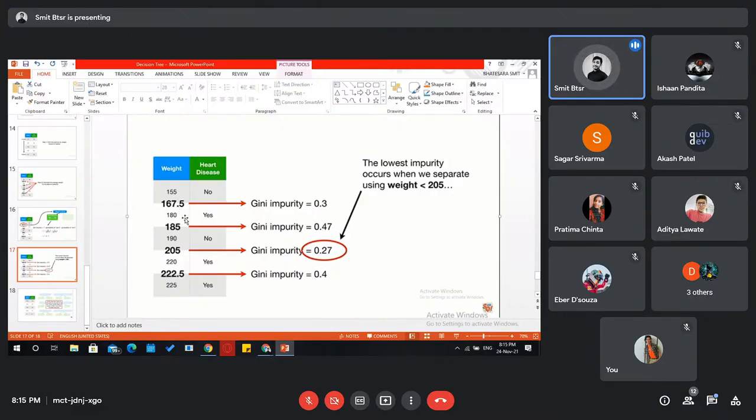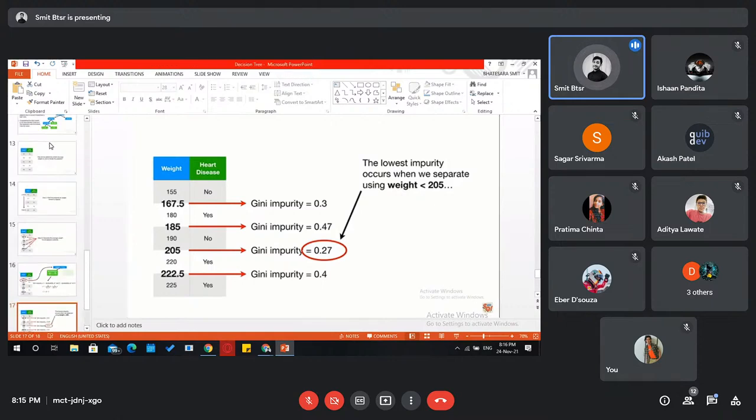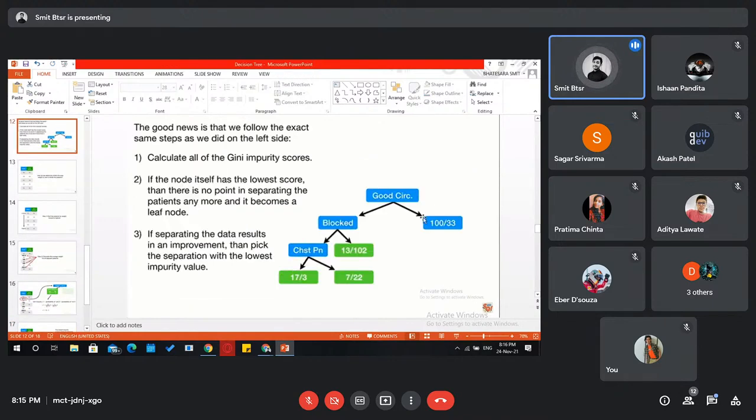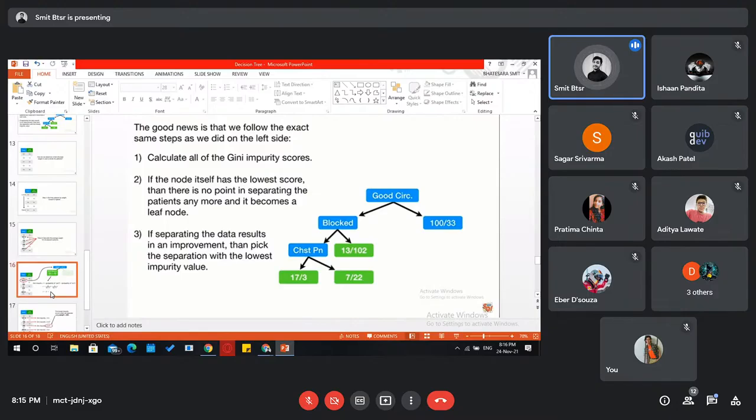Then again we find the impurity there. Then we will get some other insights, like we would find some weight around 175 or something, which is more relatable. Then accordingly we will get the impurity of each step and, as we make decision trees, we have to make decision trees here as well.